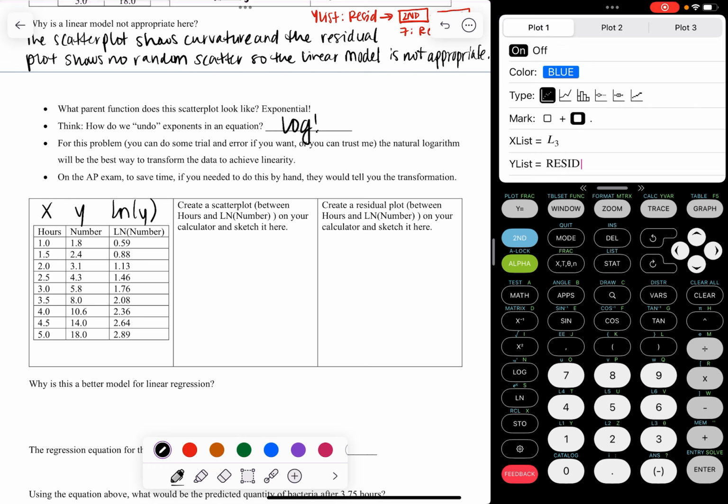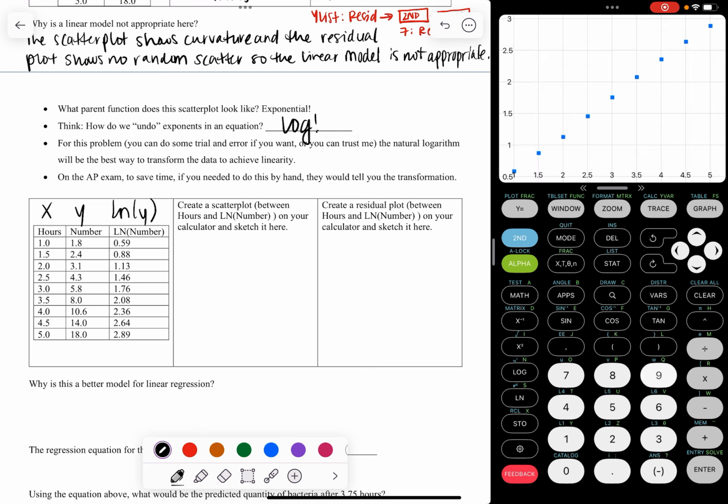So second, y equals, I'm just going to go in and switch this back to L5, second 5, and then I'm going to hit zoom 9. And here is my new scatter plot.